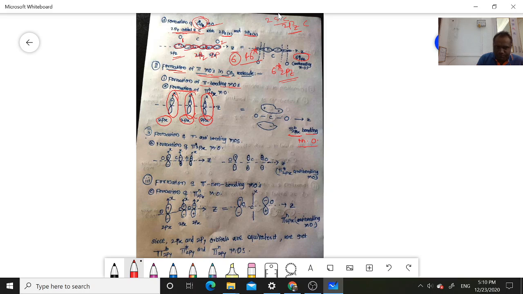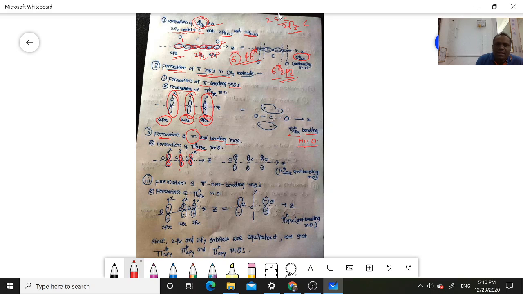Now the next step is the formation of the pi antibonding molecular orbital. Previously, sigma bonding and sigma star antibonding molecular orbitals were forming. In this case, the pi star antibonding molecular orbital is formed when the atomic orbitals are out of phase.